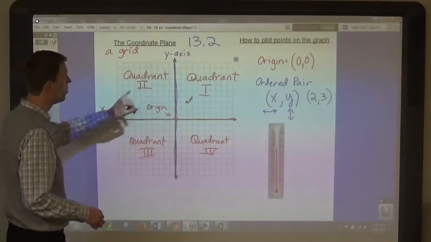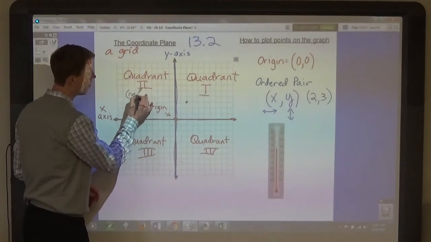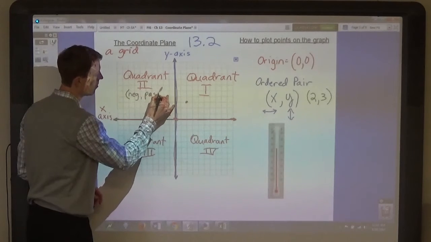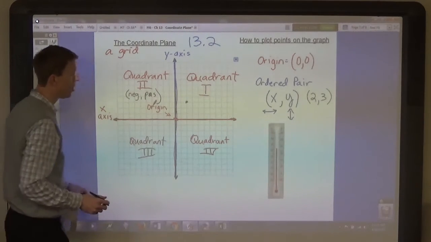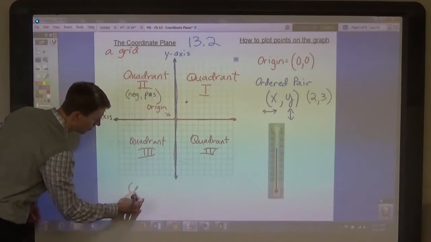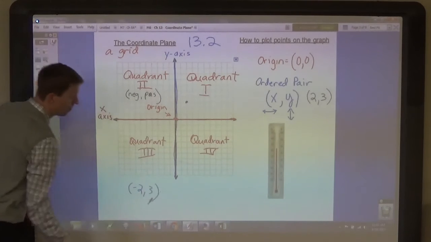In quadrant 2, the first number is negative. Then the second number is positive. So we might have a point that we have to graph like negative 2, 3.